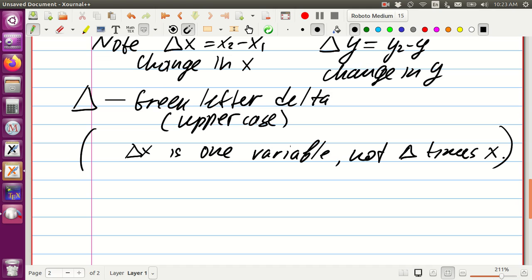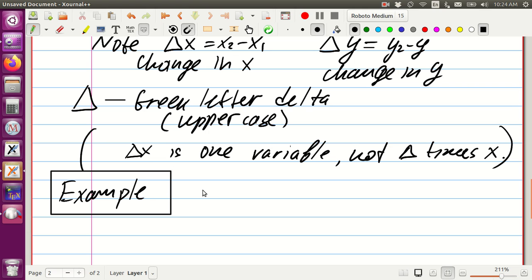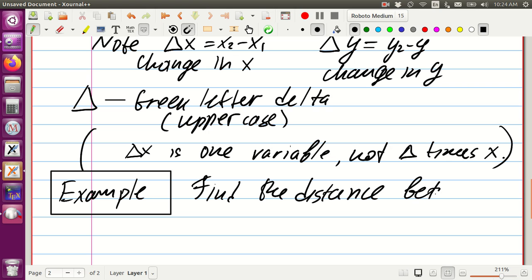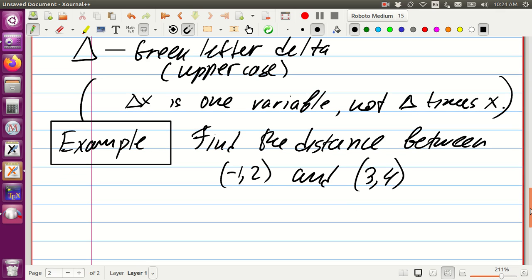All right, so we discussed this a little bit. Let's do an example. So in this example, the assignment asks us to find the distance between (-1, 2), that's the coordinates of 1 point, and (3, 4), these are the coordinates for the other point.